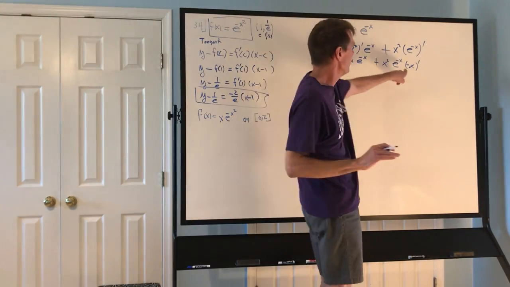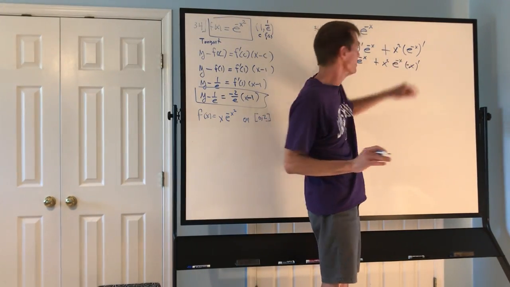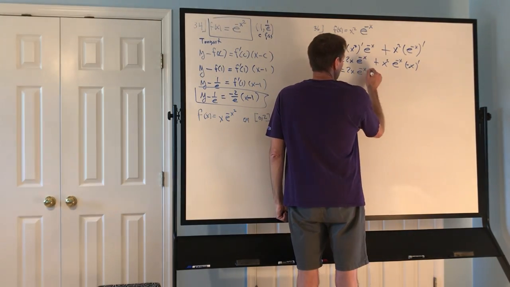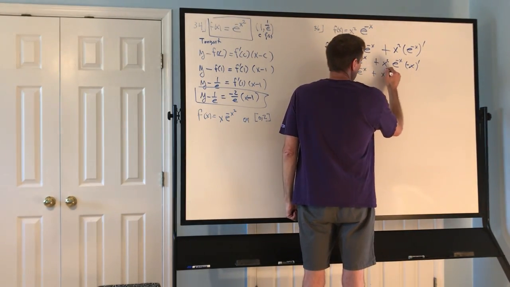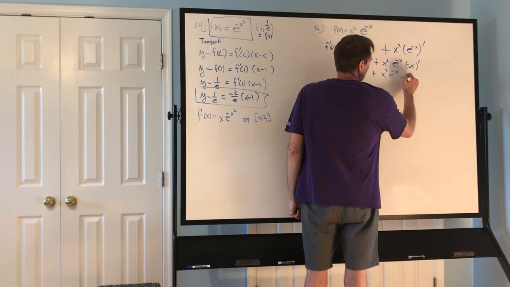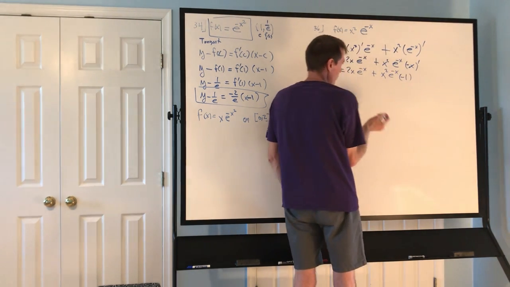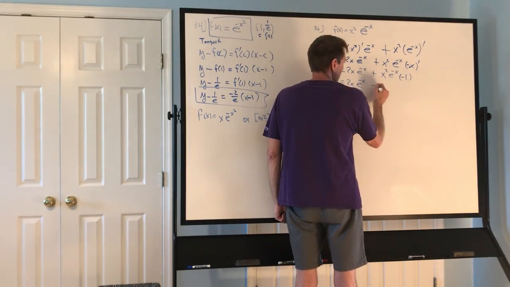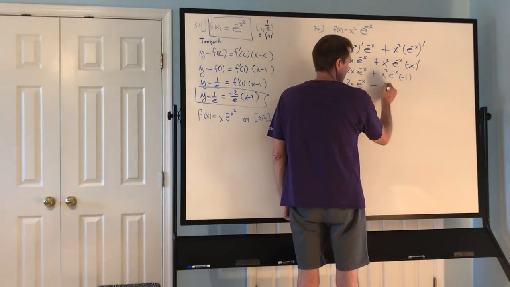What's the derivative of minus x? Well, that's just 1. Times minus 1, or that, just cleaning up a little bit. I'll just make that minus 1 into a minus there.